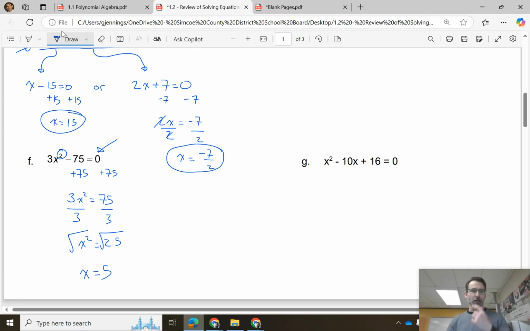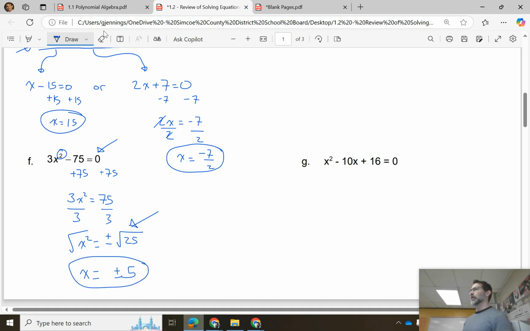Negative 5 is good. So here we go. When we do the square root of some side, we have to do plus or minus the square root. This is your inverse operation. And let's think about why. So x is equal to plus or minus 5. That's the answer.